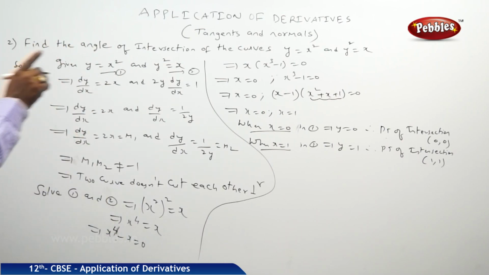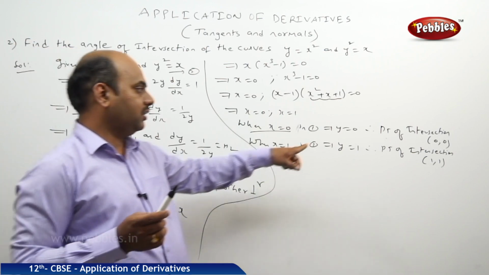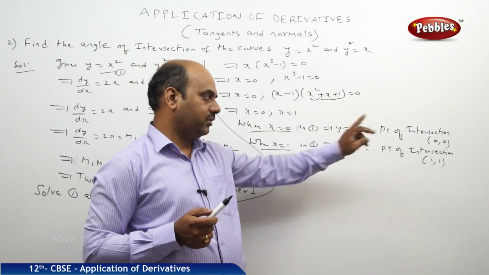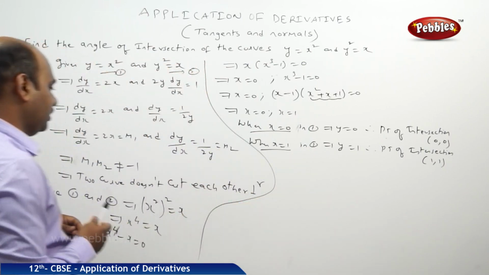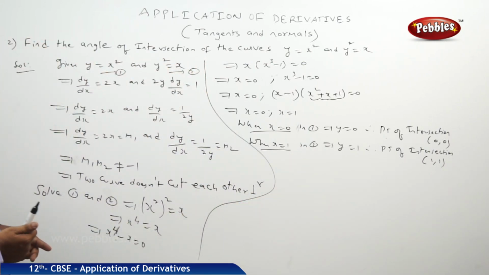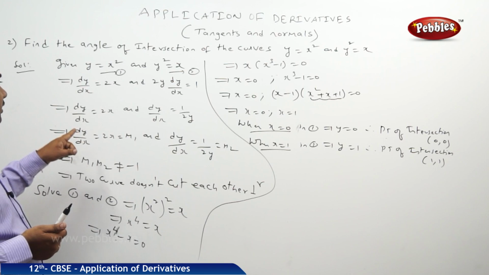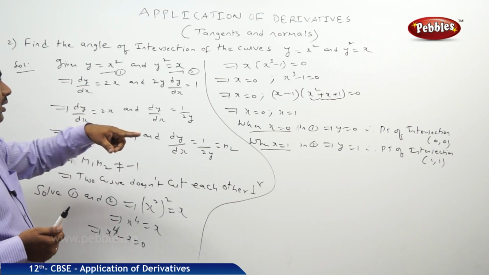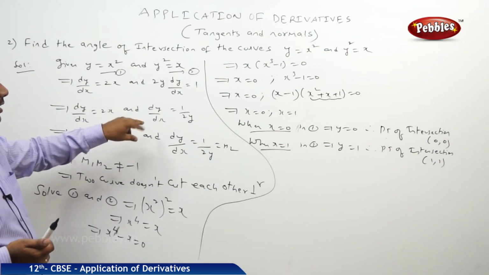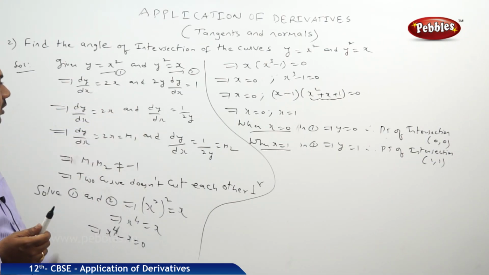Now we are required to find the angle of intersection of the curves. If we find the angle of intersection of the curves at 0, 0 and at 1, 1, our problem finishes. That means before solving this, I want to find the slopes of those tangents at the point 0, 0.